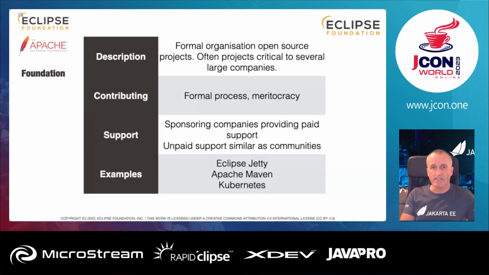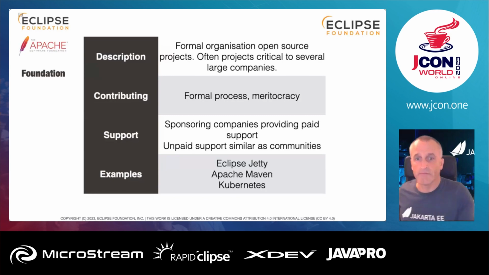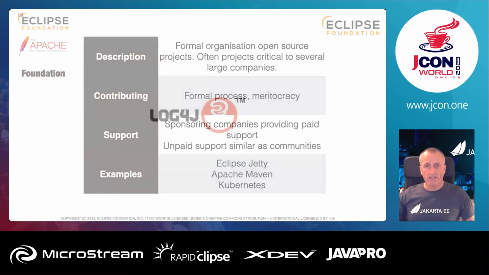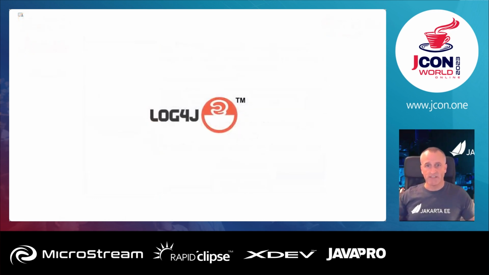And examples of these are, for example, Apache Maven from Apache Software Foundation, or Jetty from Eclipse Foundation, or Kubernetes from the Cloud Native Foundation. So these are examples of stable, good projects driven by formal organizations. But of course, there can be risks associated with these as well. And everybody remembers what happened with Log4j.